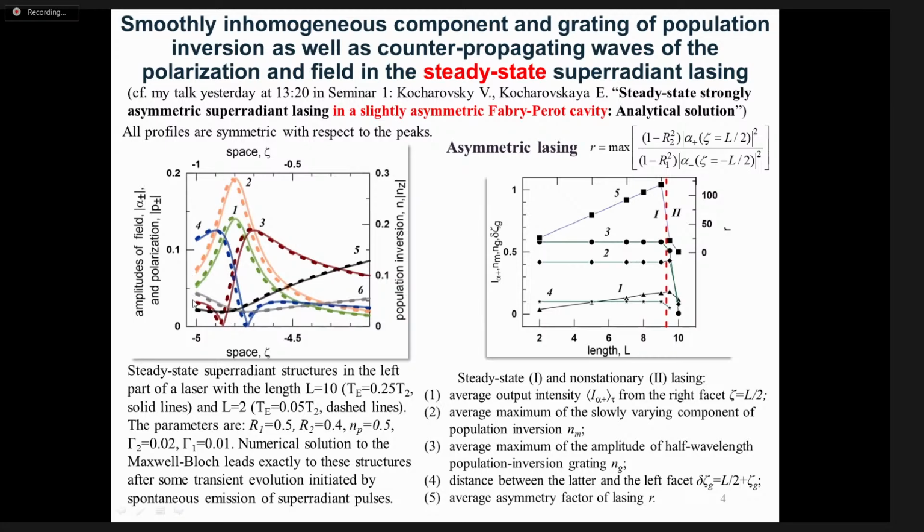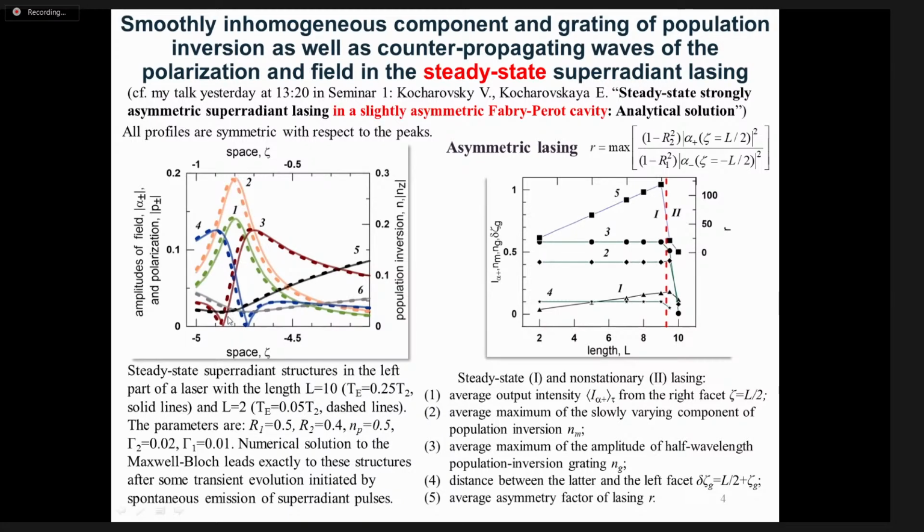There are very well localized peaks of slowly varying population inversion, green here, curve 1, and the amplitude of the half-wavelength population inversion gradient, yellow curve 2. These are symmetric curves with respect to the point of the peak.